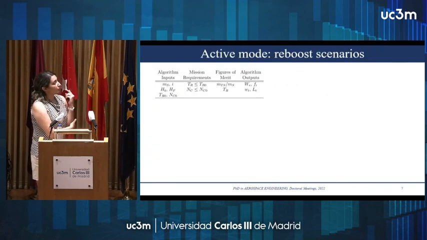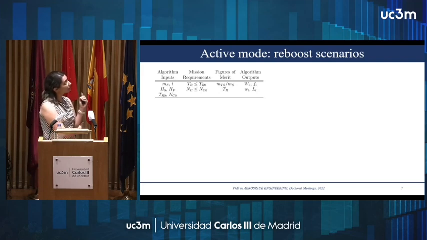So I'm going to go to reboost scenarios. In reboost scenarios, our algorithm receives some inputs like satellite mass, inclination and altitude of the orbit, the initial and final altitude, and also the reboost time.